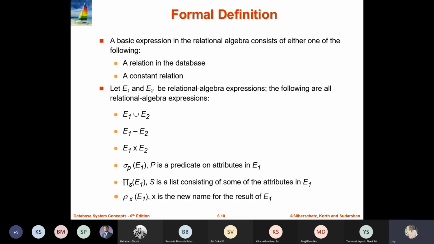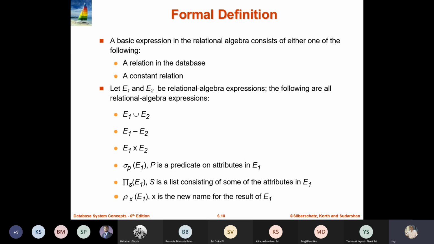If E1 and E2 are two relational algebra expressions, the following are allowed: E1 union E2, E1 minus E2, E1 cross E2, that is the Cartesian product, selection with a predicate P, and projection with a list S containing some of the attributes of E1, that means projecting out the columns. In selection, we select those tuples which satisfy the predicate.